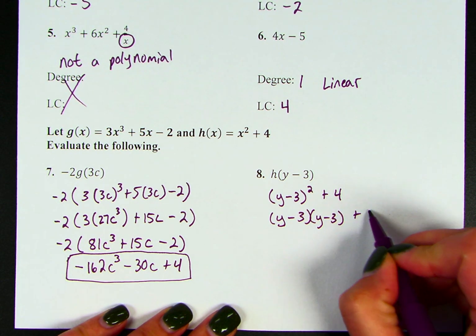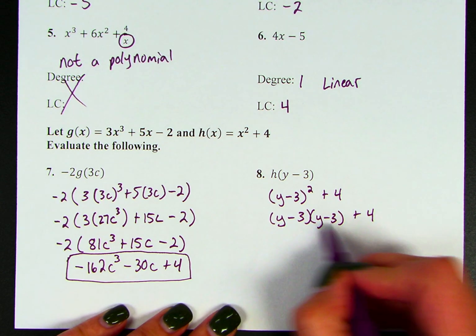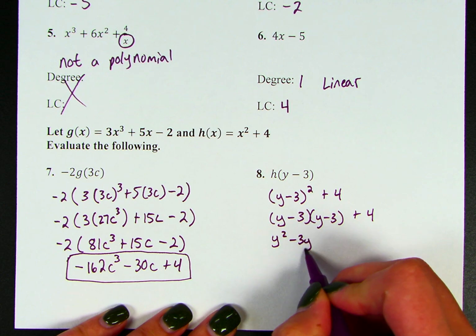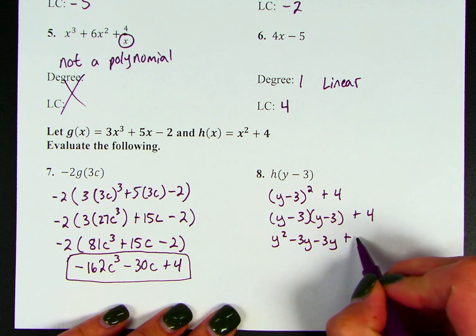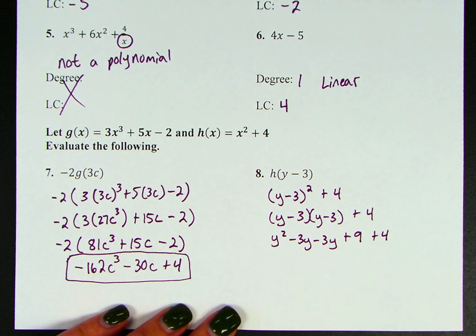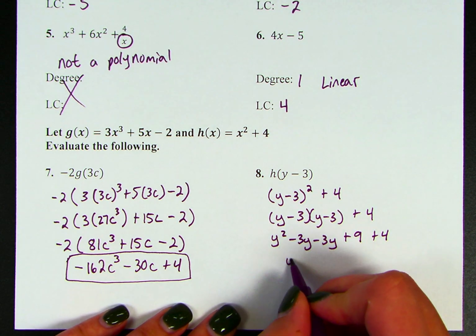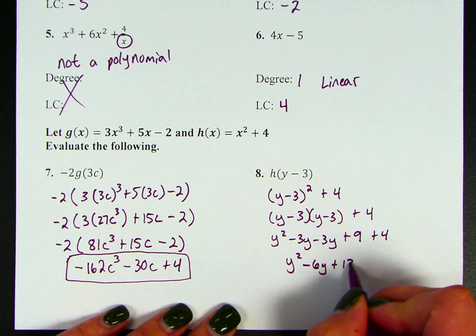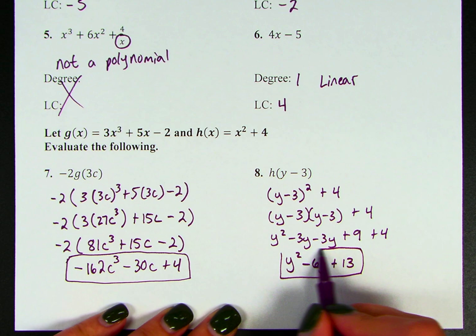And then we will have to FOIL. So if I FOIL this together, that will give me y squared minus 3y minus 3y plus 9, and then I still have that plus 4 on the end. So this will be y squared minus 6y plus 13 for that final answer.